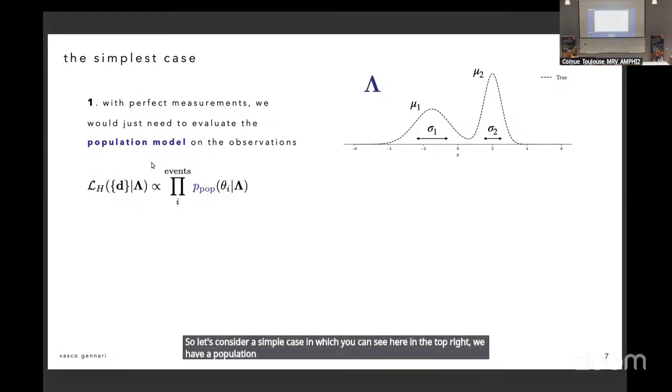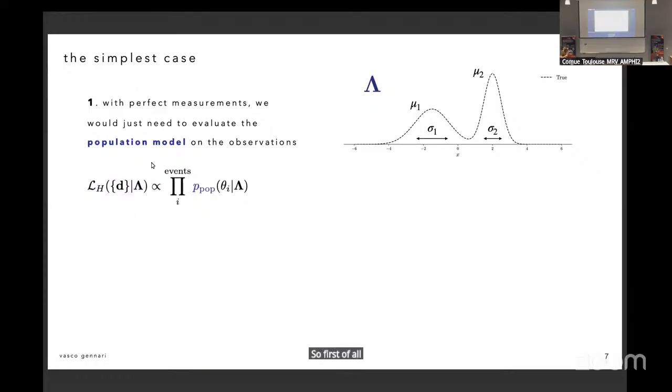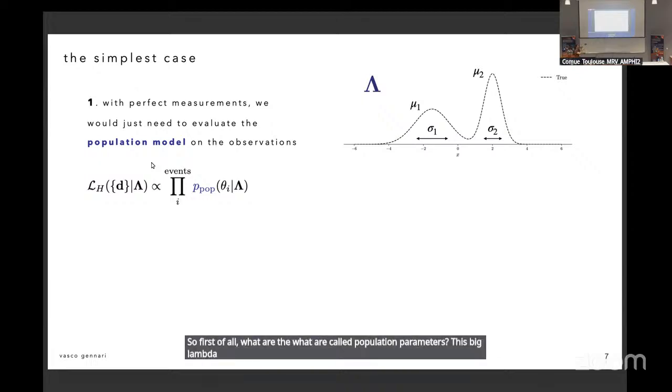This is just an example of two Gaussian distributions. So first of all, what are called the population parameters, this big lambda here? These are the parameters. For example, for these two Gaussians, we have the mean of the Gaussian and the standard deviation of the Gaussians. We also have a relative weight, since the full distribution needs to be normalized.